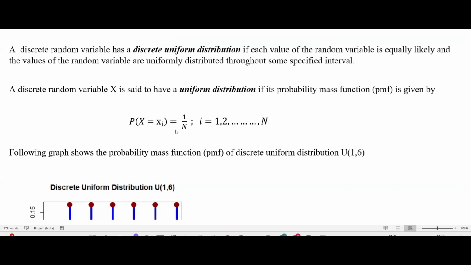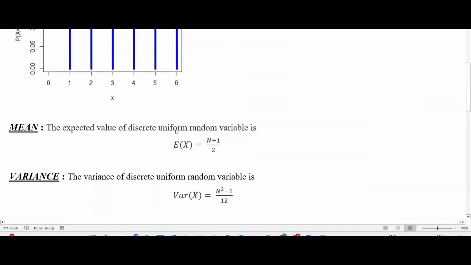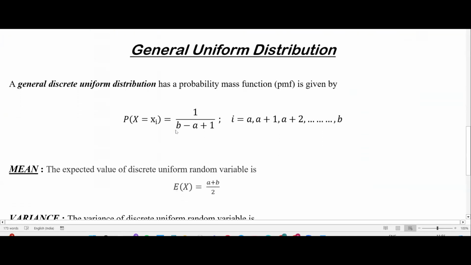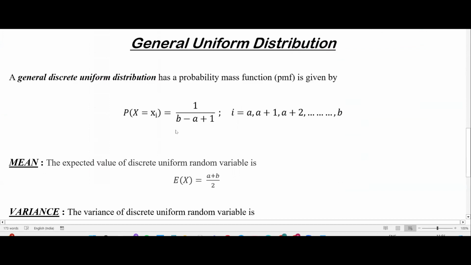So there are certain conditions where the interval is given to us. So we have a general uniform distribution as well. So we'll be considering this. A general discrete uniform distribution has a probability mass function, which is given by P of X equals xi, 1 upon b minus a plus 1.